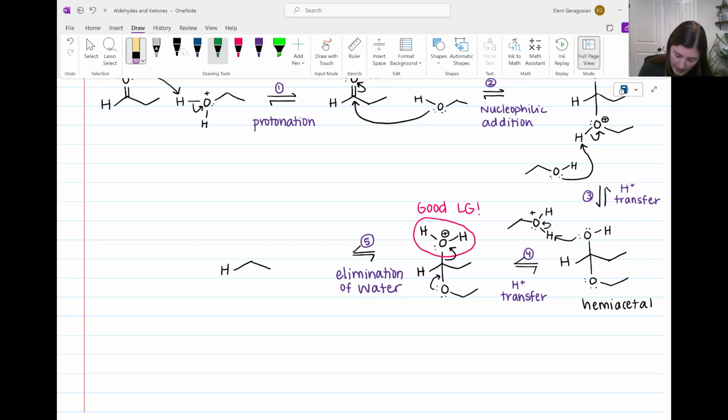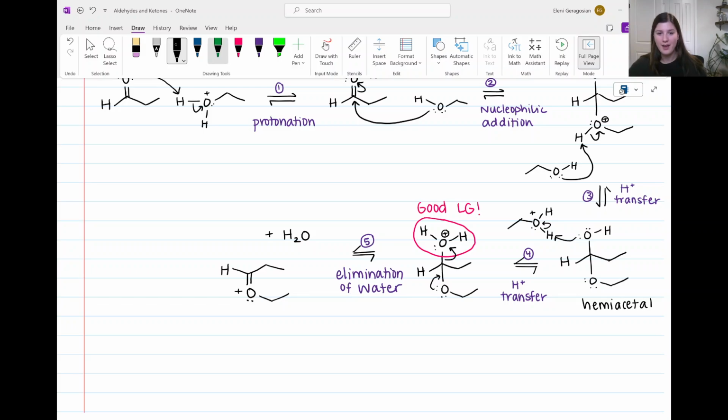So let's see what we have here now. Just to align with geometry, I'm going to shift the angle of the bonds here, because now we'll have a double bond to that oxygen that's part of the alkoxy group. We've eliminated water, so that is eliminated. We have a positively charged oxygen.